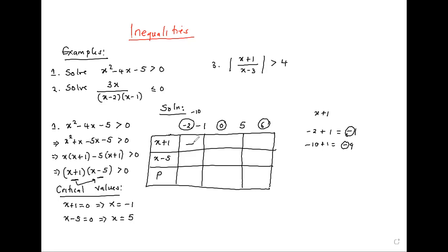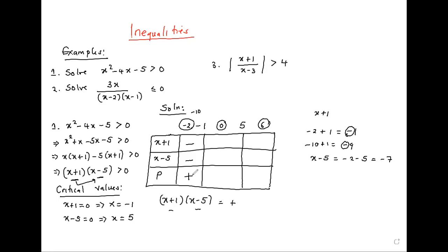If we use -2 in x minus 5, we'll have -2 minus 5, which is -7. Again, we just pick the negative. P is x plus 1 multiplied by x minus 5. So we have negative times negative, which is giving us positive. So we put positive here.